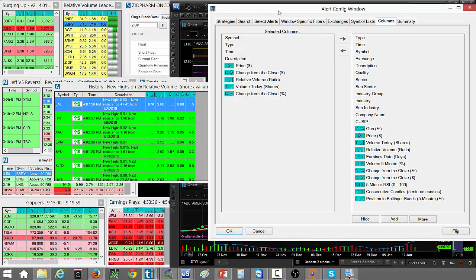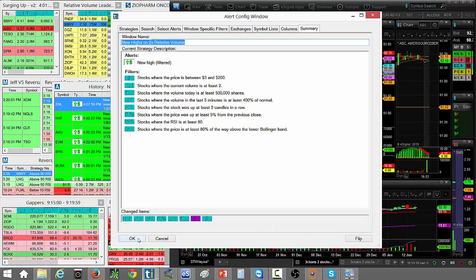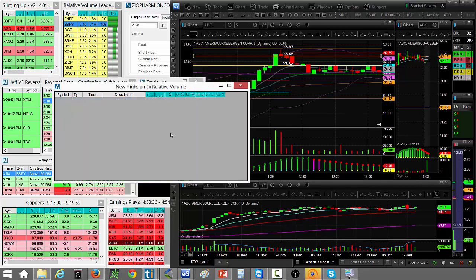So you may want to change these a little bit. Let's say I want to know 5-minute RSI, and I want to know 5-minute consecutive candles, and I want to know position in the Bollinger Bands. Okay, so let's just say okay.